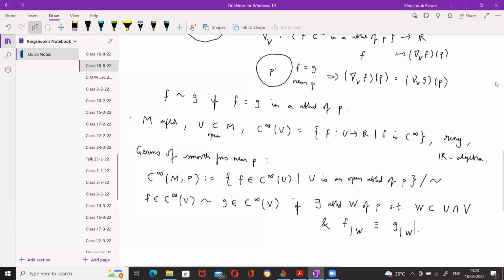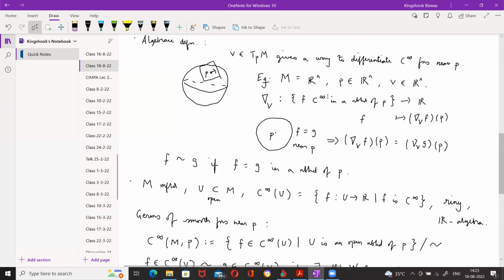So in our example, with M equal to Rn, this would be the natural domain of definition for this map nabla V, right? So here really, instead of this set, I should take as domain of nabla V the ring of germs C infinity(Rn, P). Then this is a vector space now, and this map becomes a linear map, right?